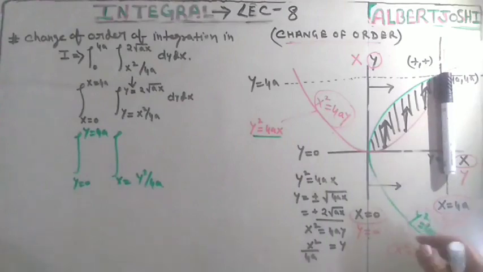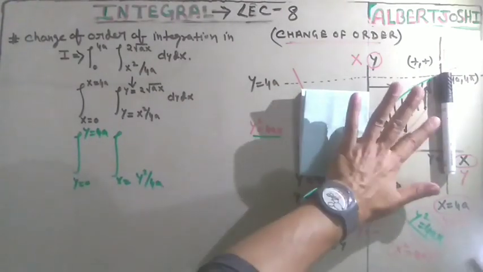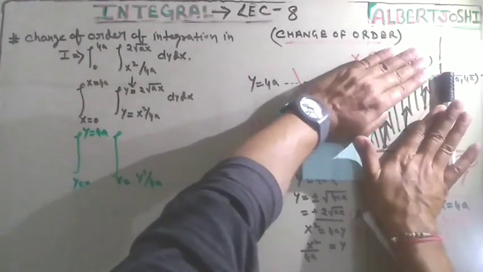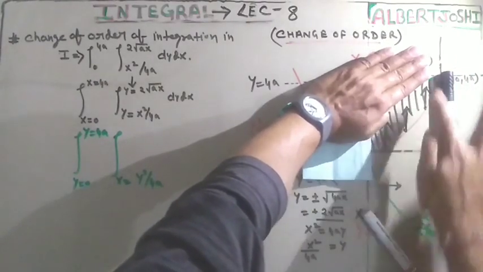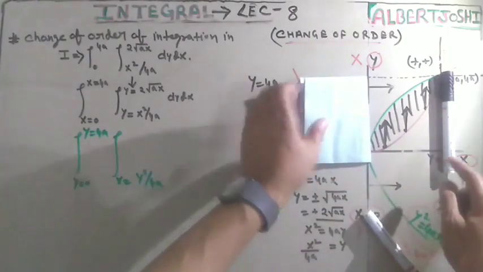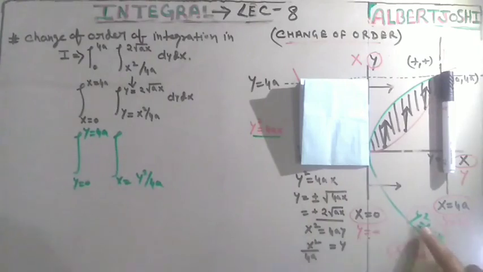Now we have counted from here to here, and then from here to here. We are finding this portion from the curve we have written. Before it was y square is equal to 4ax, now it is this.